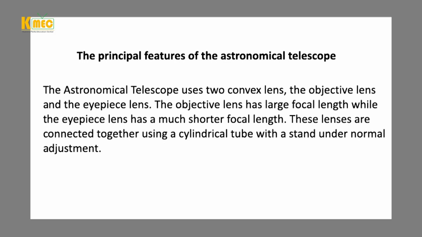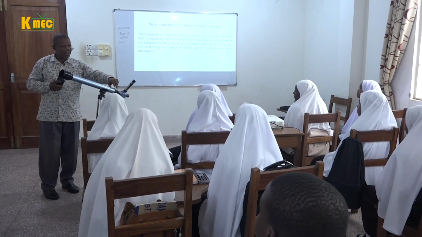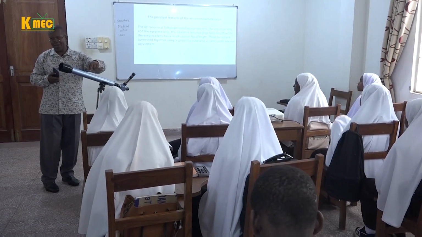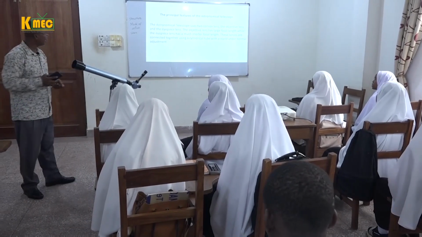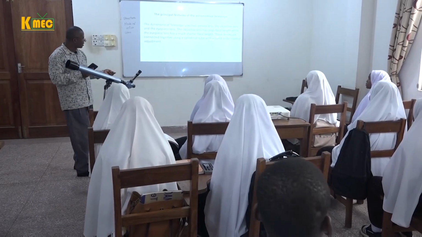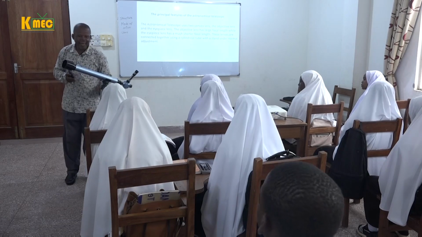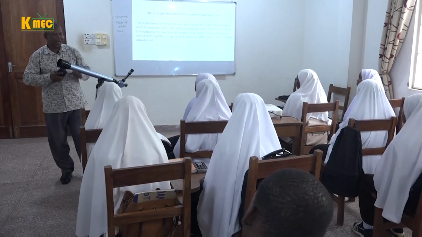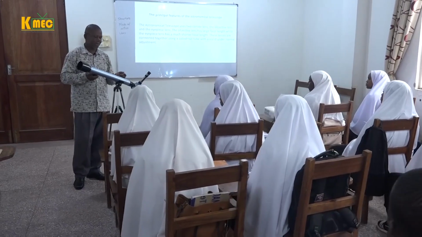The objective lens and the eyepiece lens are connected together using a cylindrical tube. Now all of you say cylindrical tube. Cylindrical tube. Then after that we have the stand, and our telescope is ready for use under normal adjustment.